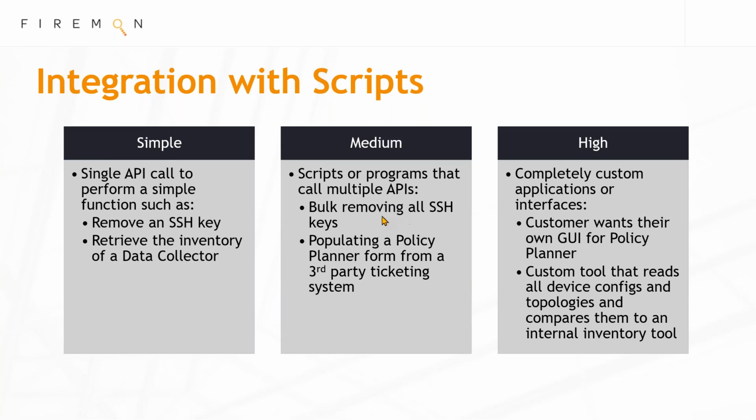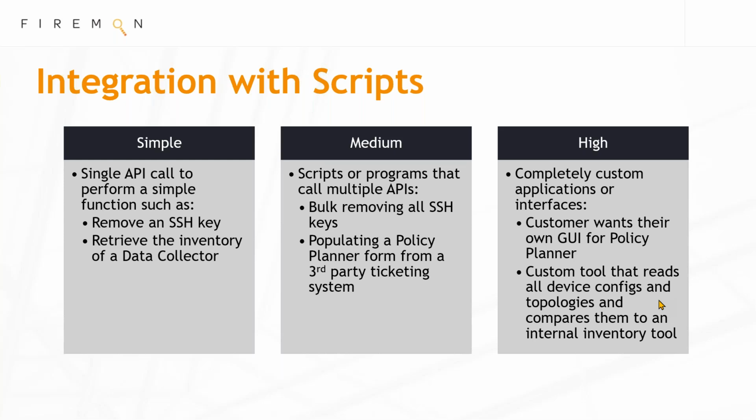In the medium end of things here, getting a little bit more complex, you could have scripts or programs that make multiple API calls to remove all of the SSH keys from a device configuration, or perhaps use it to fill in a Policy Planner form with data from your external ticketing systems. And on the high end of things up here, you can actually put APIs together to form completely custom applications or interfaces to your FireMon ecosystem.